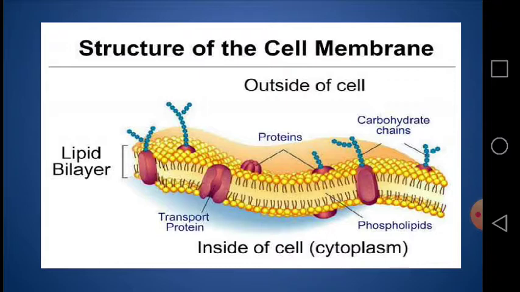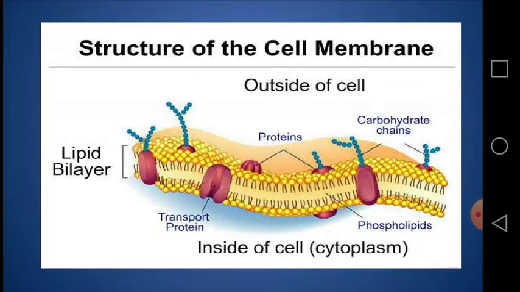Dear students, the cell membrane, also called the plasma membrane, is a thin, delicate layer made of layers of proteins and fats. As you can see, there is a bilayer of lipids, and the protein molecules are embedded in this bilayer of lipid. Other molecules are also present in this cell membrane.